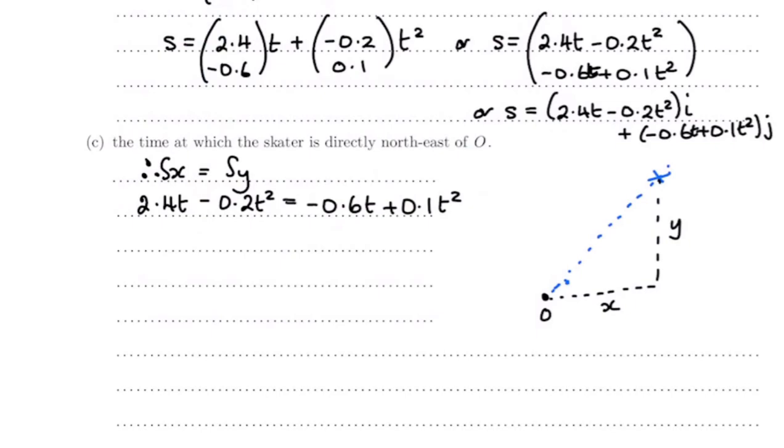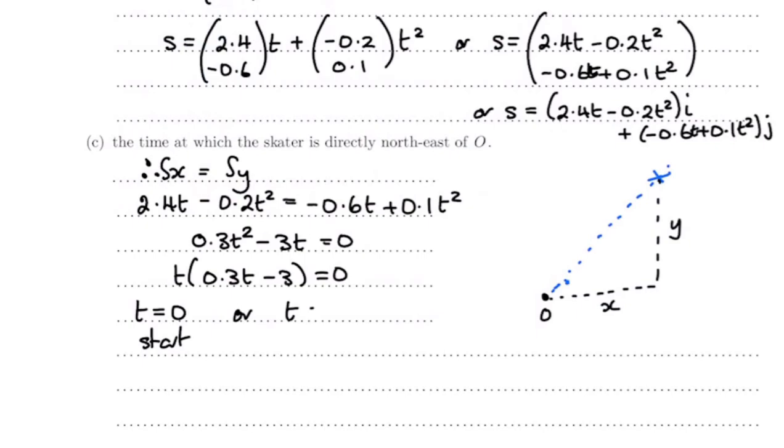So we just want to rearrange it. If I rearrange it, I end up with 0.3t squared minus 3t equals 0. You can pull out t as a common factor, so you get t(0.3t minus 3) equals 0. Therefore you get t equals 0. Well, that's logical because that's at the start.